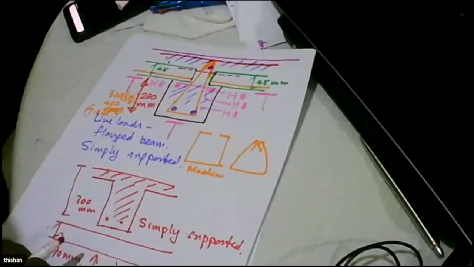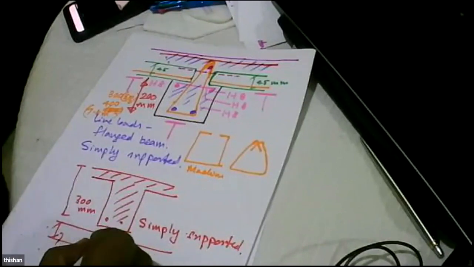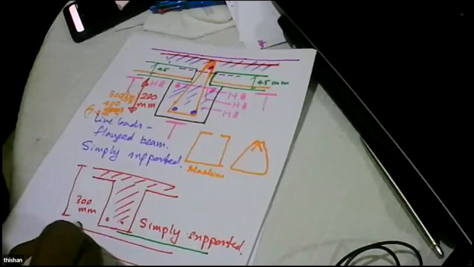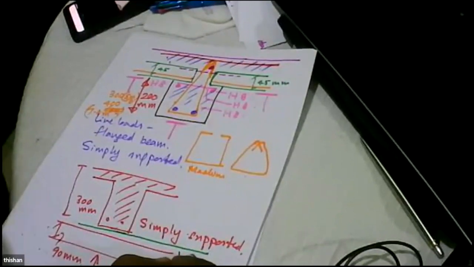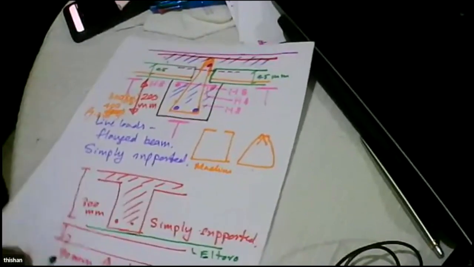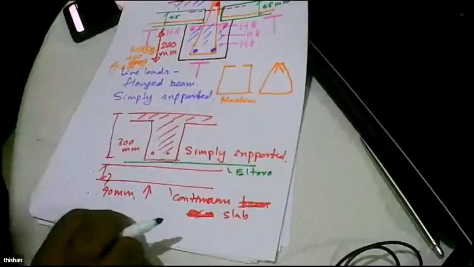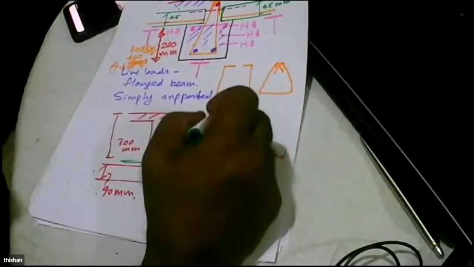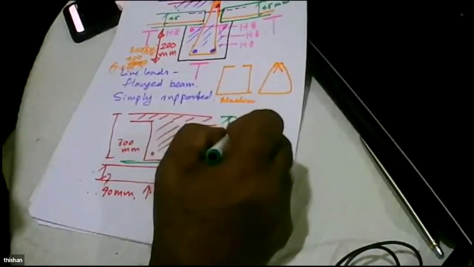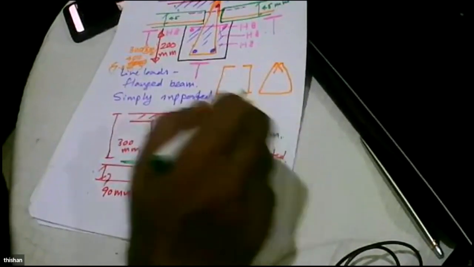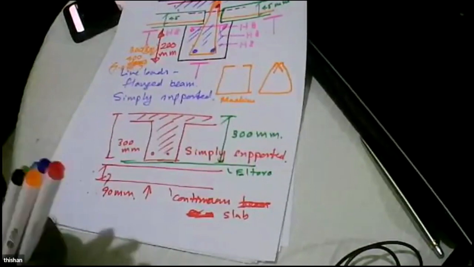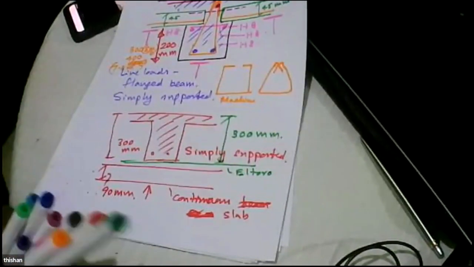So after this, once it's completed, if you don't like this beam seen, we can have a ceiling with Eltero board. So we can have a ceiling here. Then the overall thickness of the slab will be about 300 millimeters. Then how do we support the ceiling?